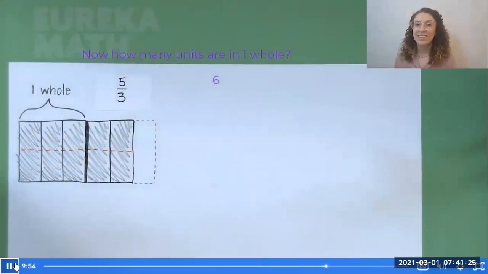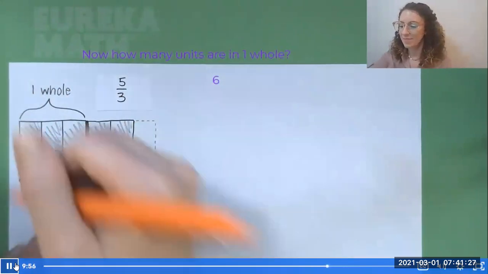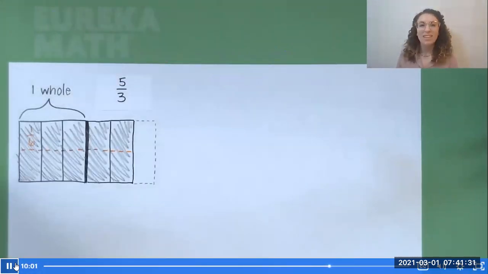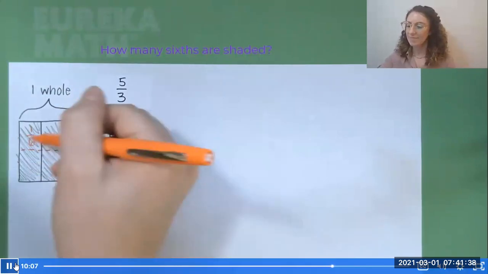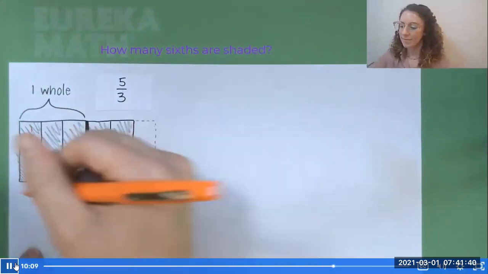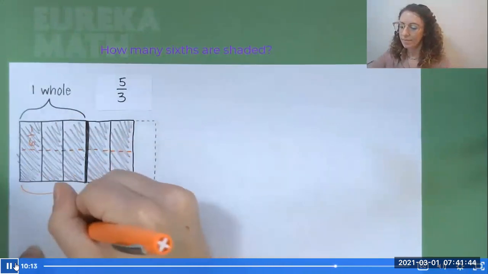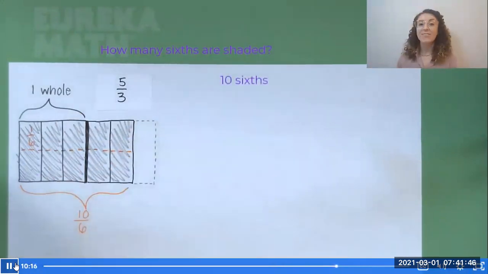So they are each what? 6ths. And how many 6ths are shaded? How many pieces do I have now? I have 10 6ths.